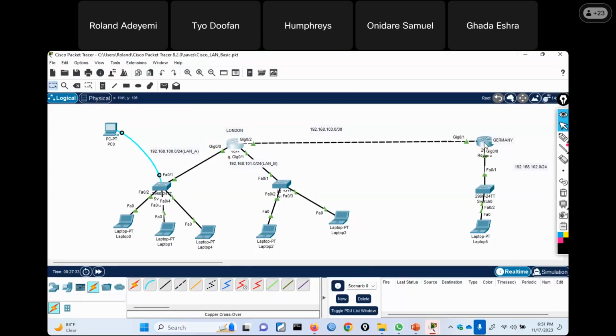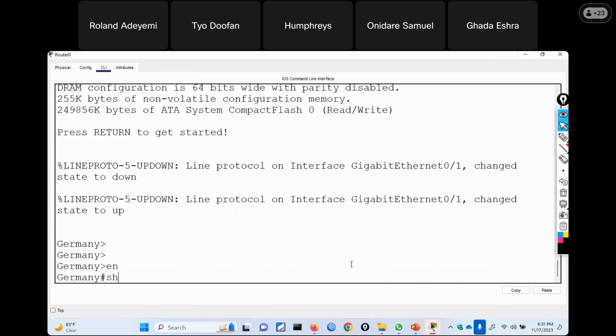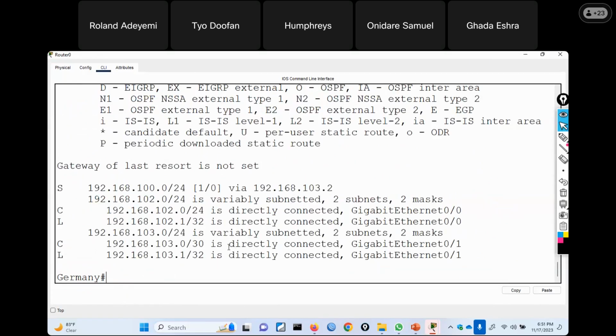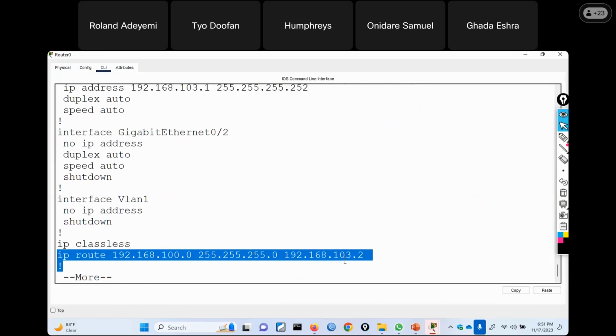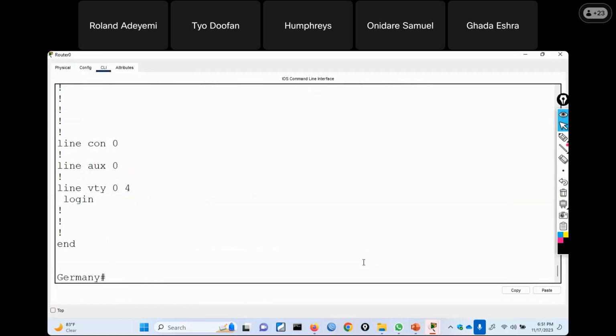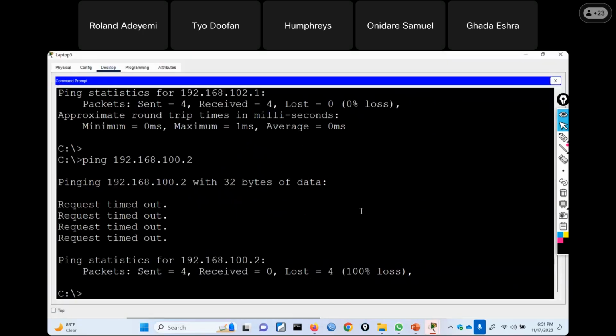Okay, let me go to the other side and see again. So what we are doing right now is called troubleshooting. Verifying that we have the correct configuration both ways. So let me see if this computer can ping .2 now.